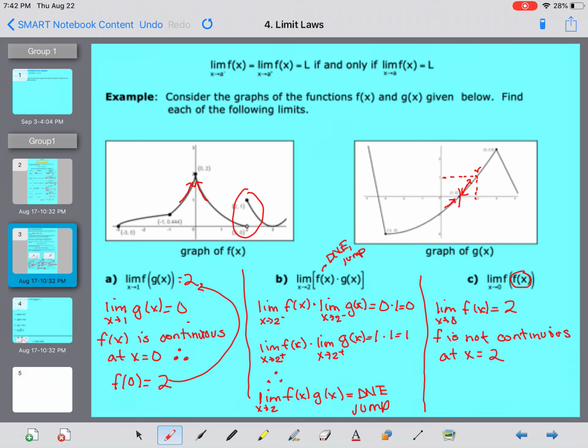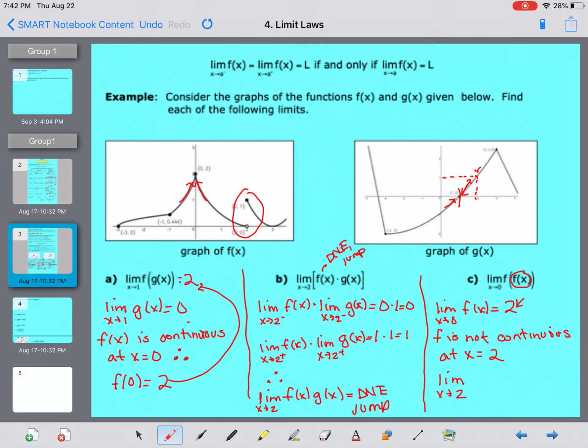I need to look at the limit. So the rule above doesn't apply, but this is a special case, because remember this 2 value was the output for the inside, but now it's the input. So really what we're doing is we're looking at the limit as x approaches this new input.